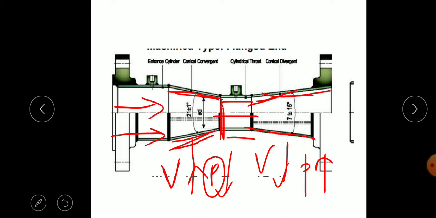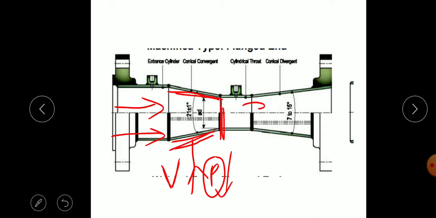Now if you use a larger angle for divergence, larger than 7 or 15 degrees, at that time the velocity is very large, the velocity at the outlet of the throat will be large.